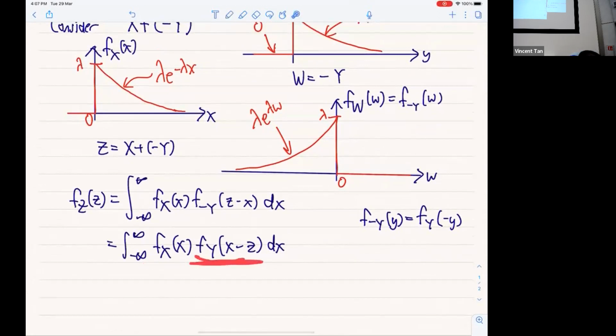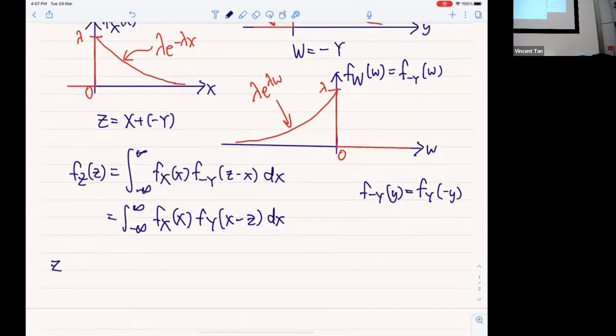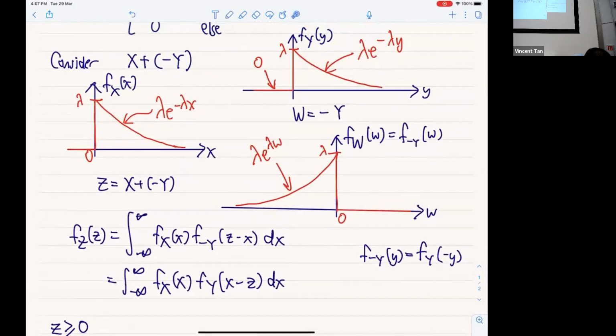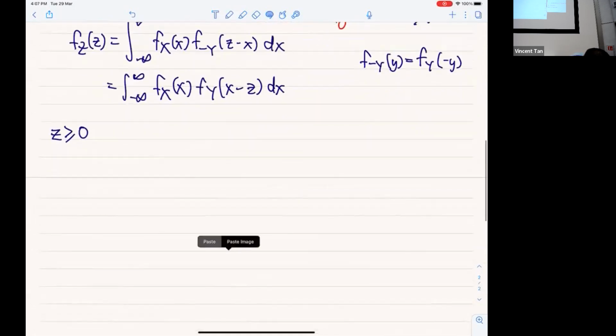Okay, so let's sketch this for z positive first, and then maybe non-negative if you wish. Let's focus on this formula. How does this look? We are going to copy this, because we want to be able to draw this.